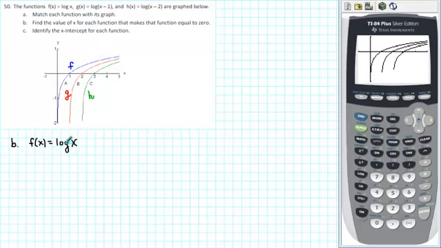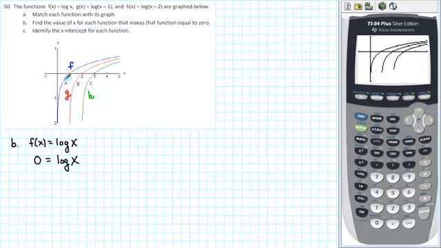For f of x equals the logarithm of x, we first substitute 0 for f of x. So we need to solve the equation 0 is equal to the logarithm of x. If we recall that a logarithm is a power of 10, then that tells us that x is equal to 10 raised to the 0 power, which is 1.